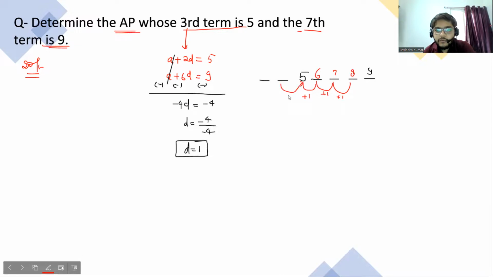While adding 1 to this number, 4 must be there. How will 4 come? By adding 1, for sure there will be 3. Yes, so this is our AP, what we needed to find out. Okay, so if this question asks to find the first term or anything, you can easily find it now. Okay, fine.